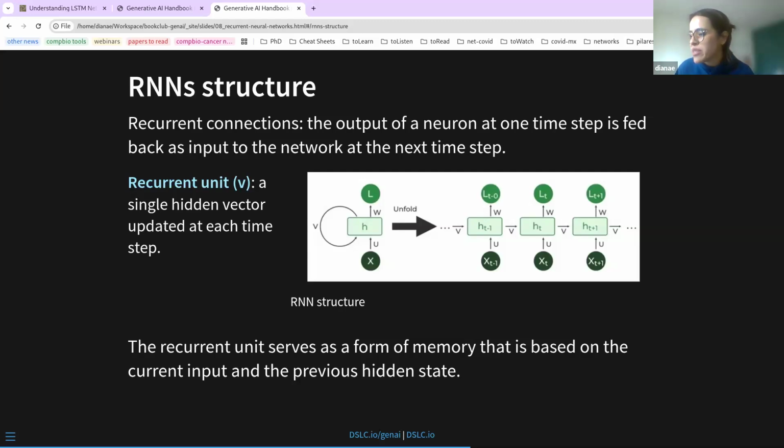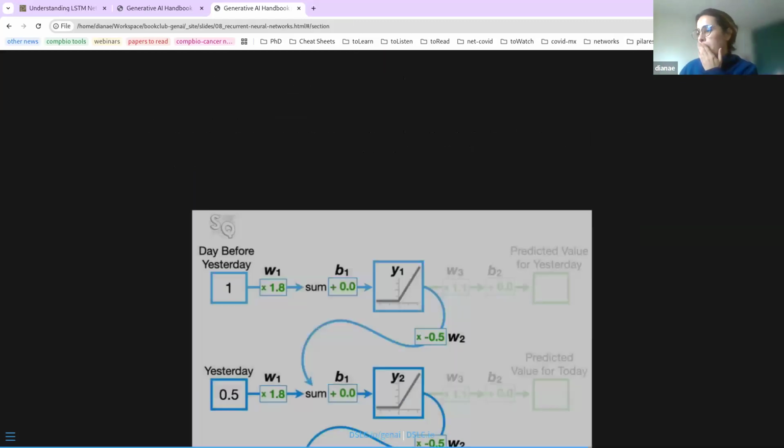Recurrent neural networks have this hidden vector, called the recurrent unit, and this hidden vector is going to be updated at each time step in our training process, and it's going to serve as a memory that is based on both the current input and the previous hidden state. So it's only a hidden vector, and the recurrent neural network uses that hidden vector to kind of remember what they saw in the previous time steps.